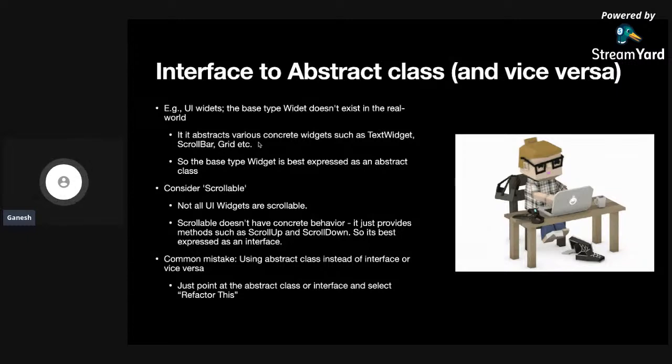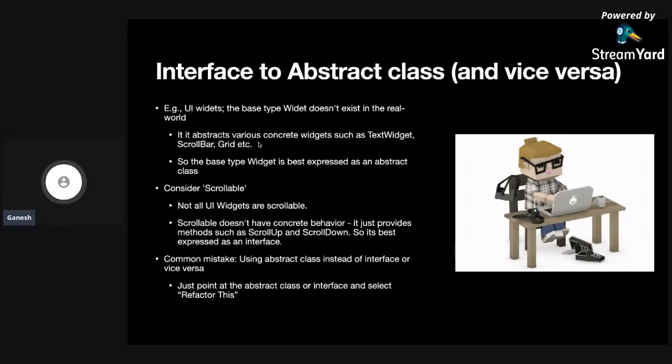Interfaces to abstract classes and vice versa. Let's take an example from the world of UI widgets. The base type widget doesn't exist in the real world. The widget abstracts various concrete widgets such as text widgets, scroll bars, grids, and so on.